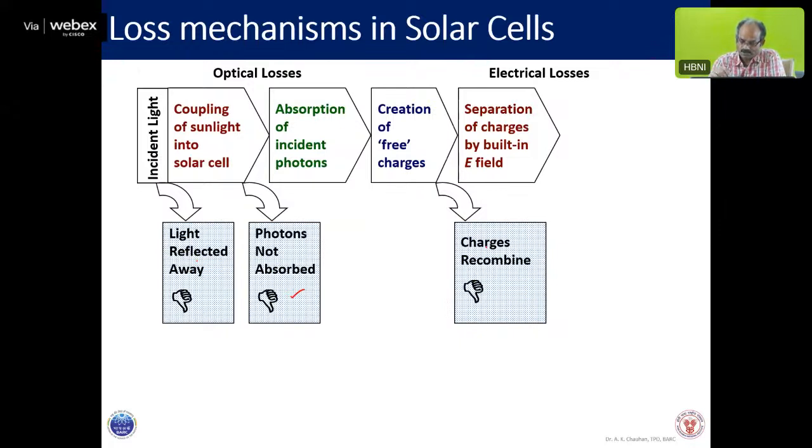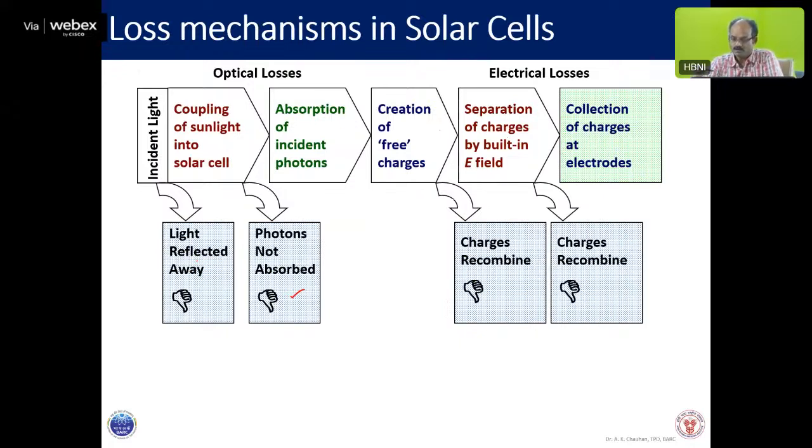Now, if these are not recombined, then we can separate them. After the separation, these have to be collected at the electrodes. They can also recombine at this stage. These are called the electrical losses.